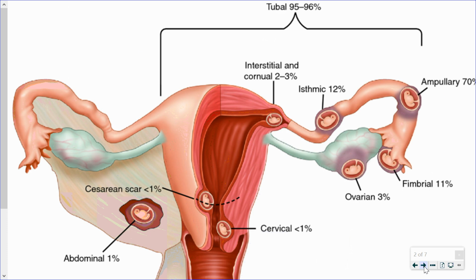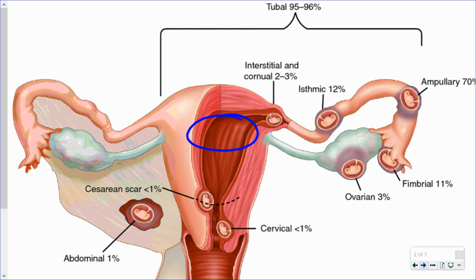Now that's what should happen, but sometimes it doesn't quite turn out that way. The egg, of course, may not become fertilized for multiple different reasons. Sometimes it may become fertilized, but then it doesn't make its way to where it should be, which is in the uterus. Typically the best location is the upper back portion of the uterus for implantation.